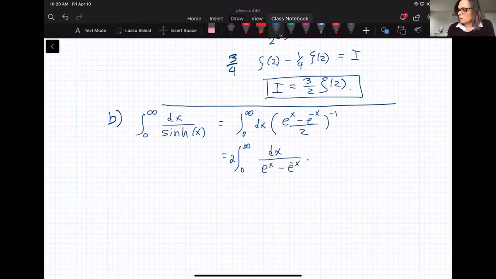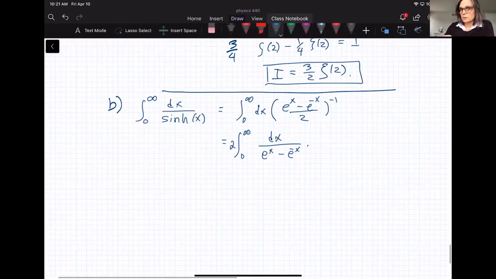What's a way we can proceed here? Power series of e to the x. We could do power series of e to the x, but here this is actually getting back to another kind of expansion.